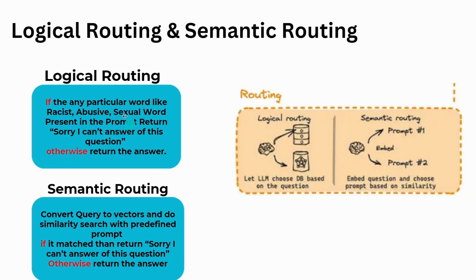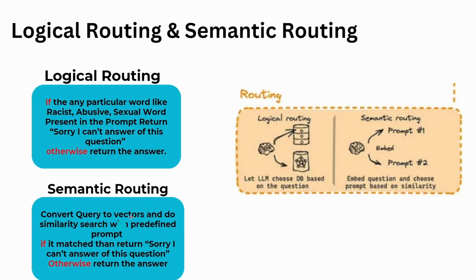Otherwise, if those words are not present, you return the answer based on your LLM context or retrieval. That happens in logical routing. In logical routing you just write the particular logic, an if-else statement, matching whether any word is present in your query, and then you ignore that query. If it is not, then you answer.